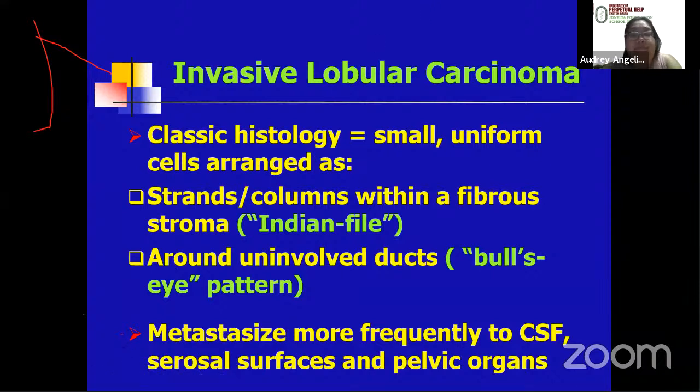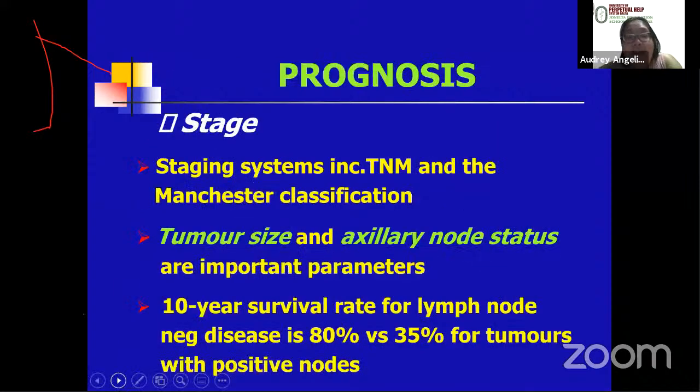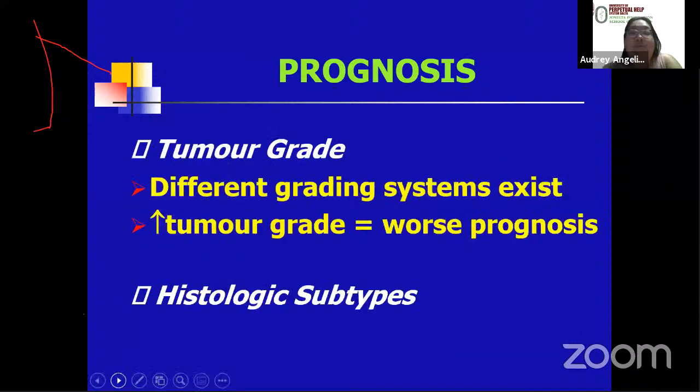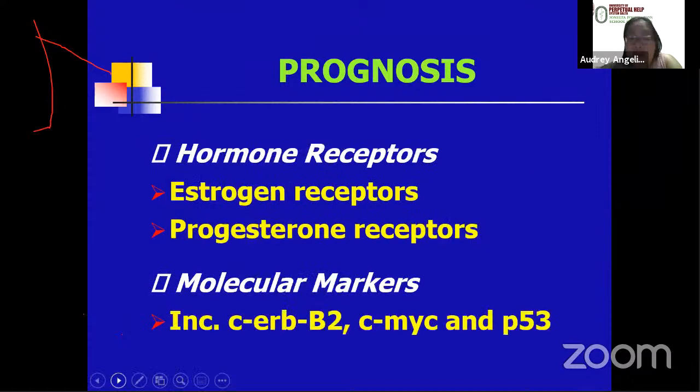Okay. So we have to know prognosis. Our staging system would be your TNM: tumor size, node status, and tumor grade. Of course, increased tumor grade would have a worse prognosis. Okay.